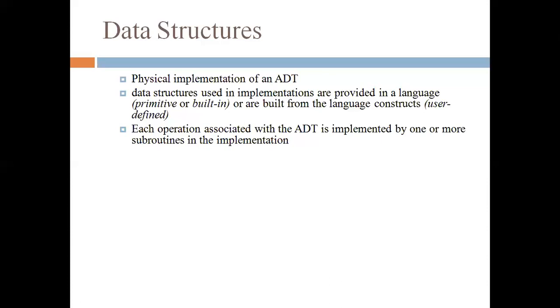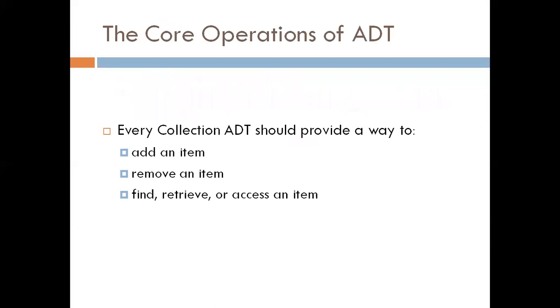Push for addition of an element and pop for removing an element from the top. These are some operations on abstract data type: addition of an element, removing, finding, retrieving, or accessing an item. These are the basic operations.